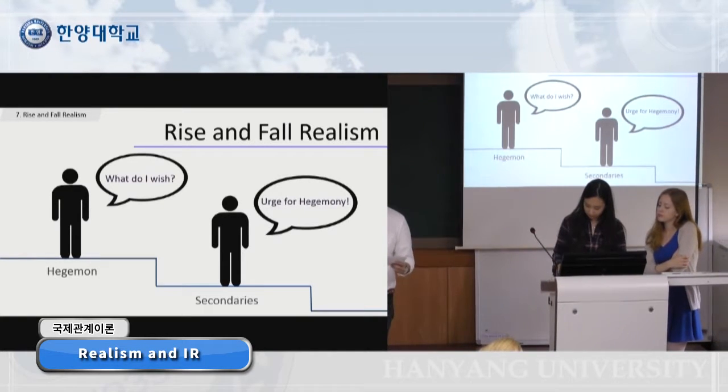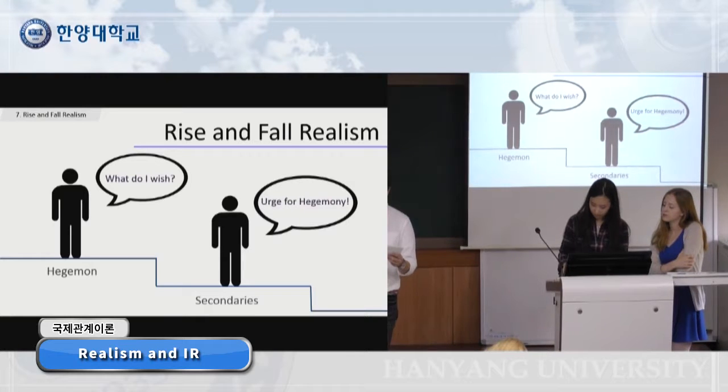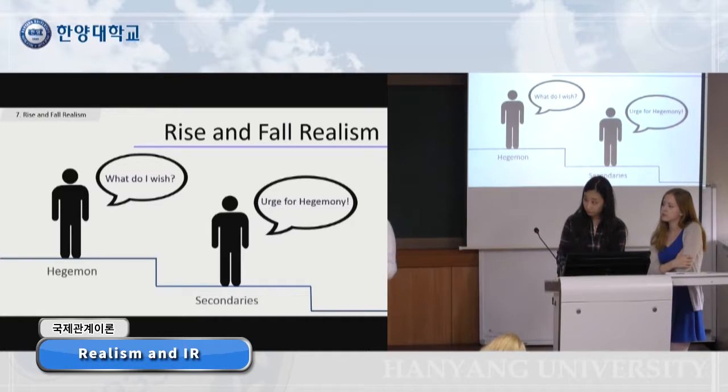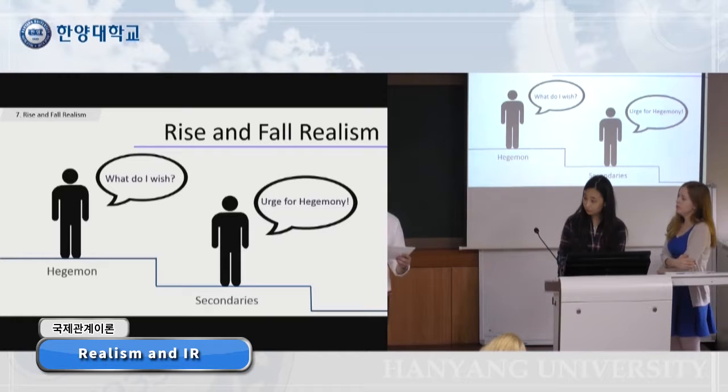This particular theory explains how states rise to and then fall from this leading position. Also, through these changes, how the consequences of such a trajectory affect each state's foreign policy.